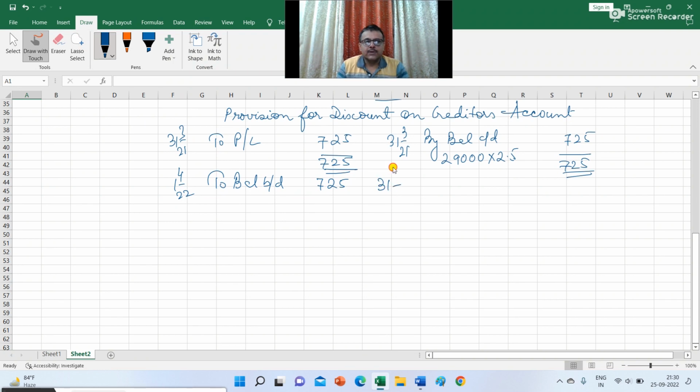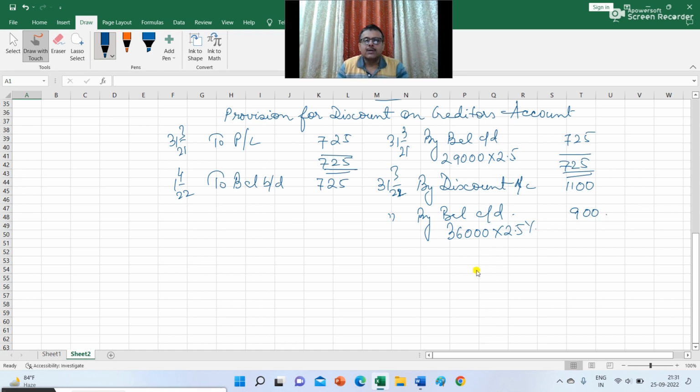Now on 31st March 22, the amount of discount received from creditors is given as 1,100. And on 31st March 2022, the required amount of provision on creditors is 2.5% of 36,000.